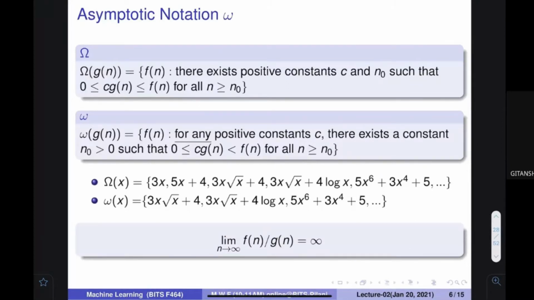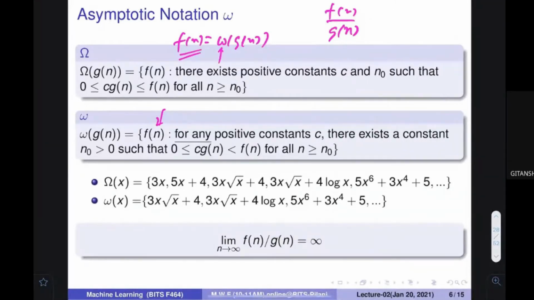In the same sitting, because this function is bigger, if you try to find out fx upon gx, because fx is greater than this, and I say that fx is equal to omega of gx, okay, it is small omega. So it means that fx is definitely greater than this, so this value is going to be greater than 1.